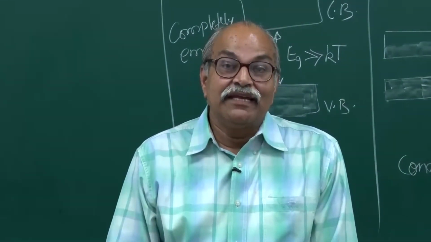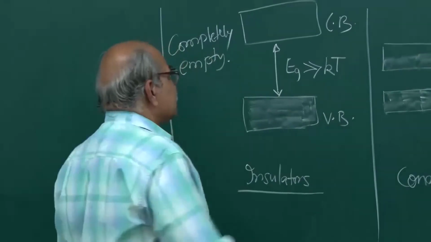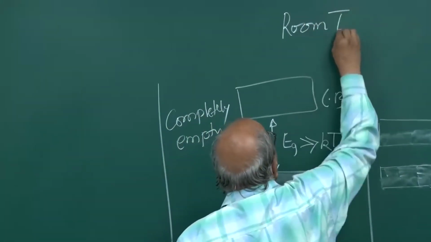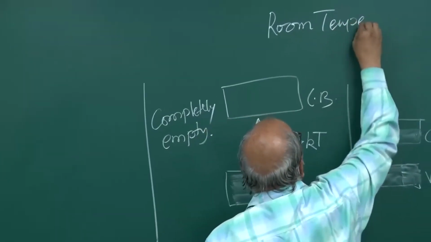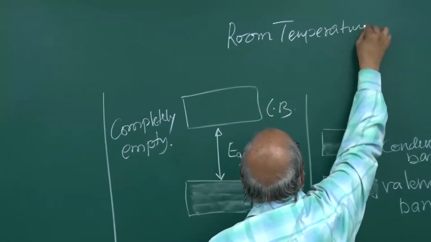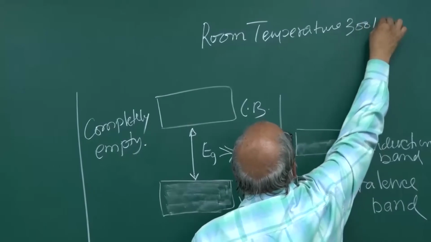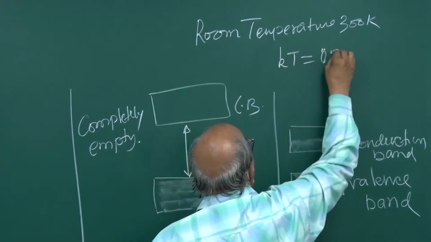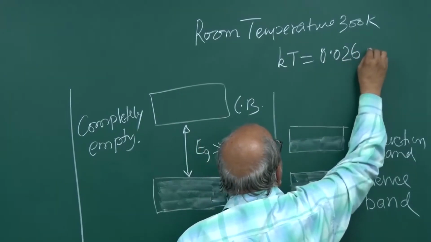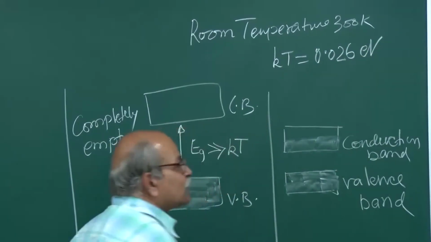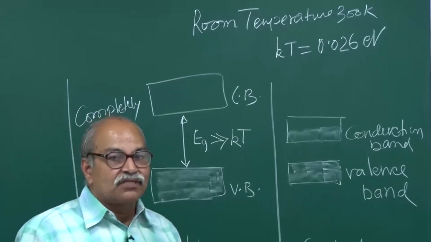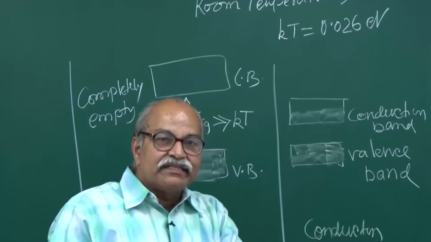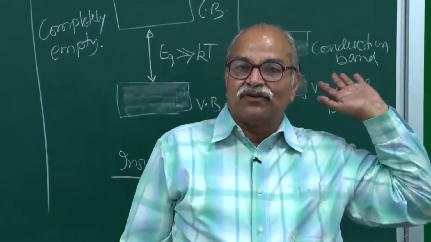So if this K into T, for example at room temperature 300 K, this K into T is 0.026 electron volts or 26 milli electron volts. So this is KT. This is the average, the order of energy exchange.